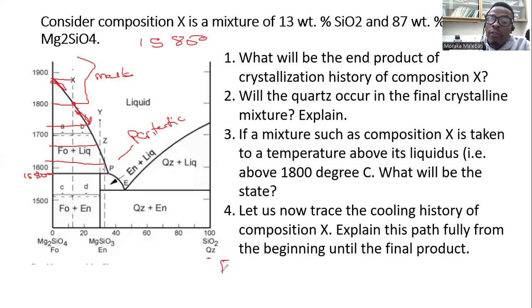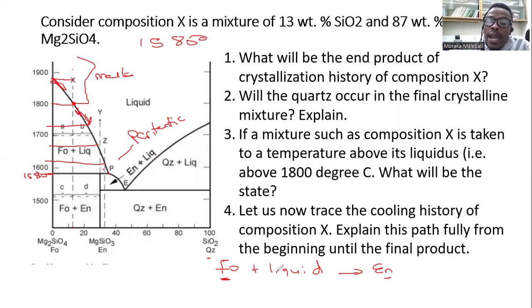At this point, we have forsterite, we have the liquid, and now we are going to form a new thing, which is enstatite, because the previously precipitated crystals were forsterite, and at this point these previously precipitated crystals react with the liquid to form a new phase, which is enstatite. Remember, the crystallization history must end with forsterite and enstatite.